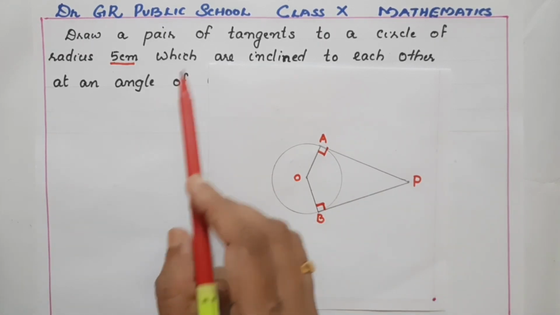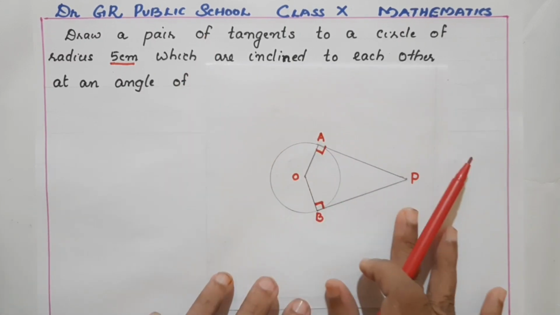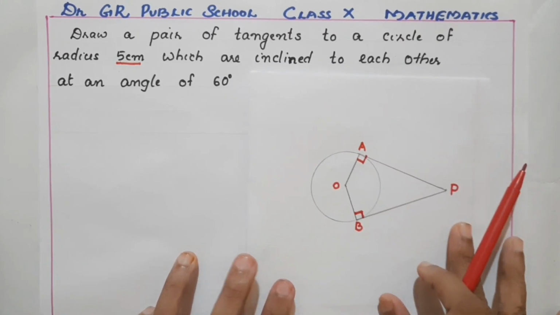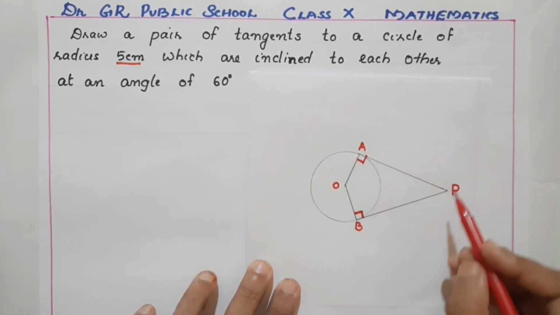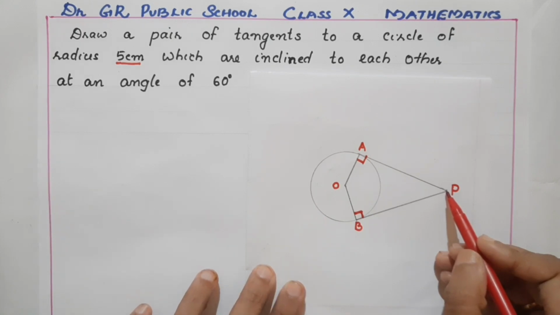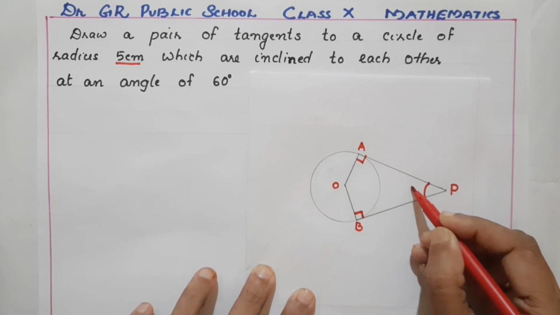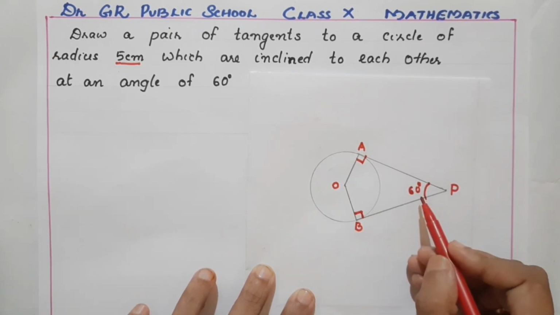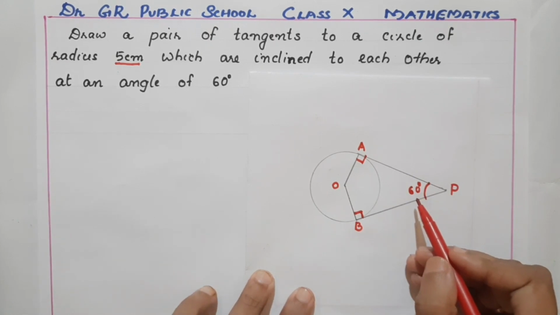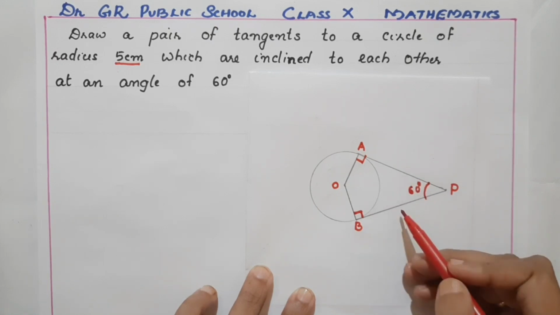So here the tangents are inclined to each other at an angle of 60 degree means the angle between the two tangents at the external point P is 60 degree. So this angle is given as 60 degree. Now we have to construct two tangents like this.